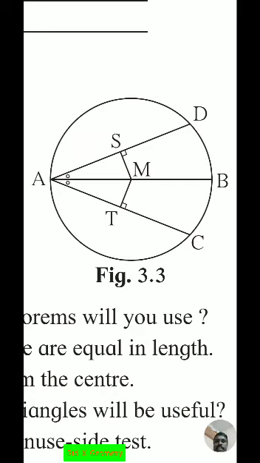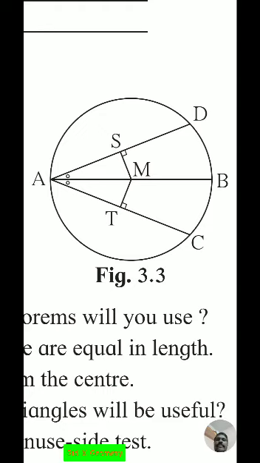In this, both triangle SAM or ASM and triangle ATM are right angle triangles. The hypotenuse side test is one of the methods of congruency of right angle triangles.